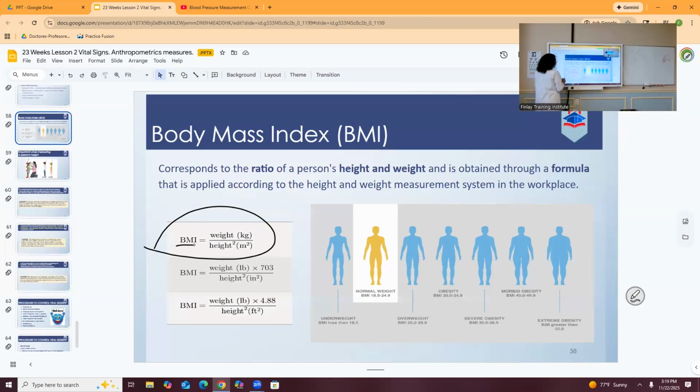That's the BMI. For example, a patient that weighs 70 kilograms and measures 1.63 meters.